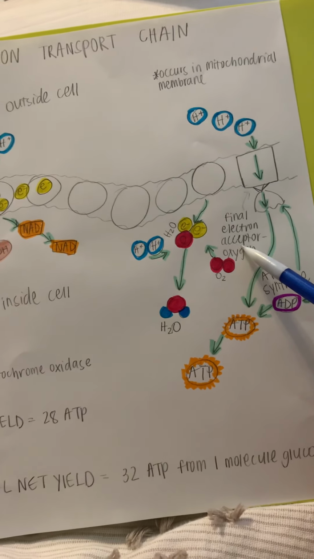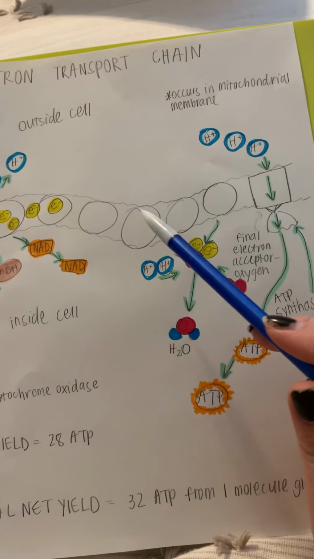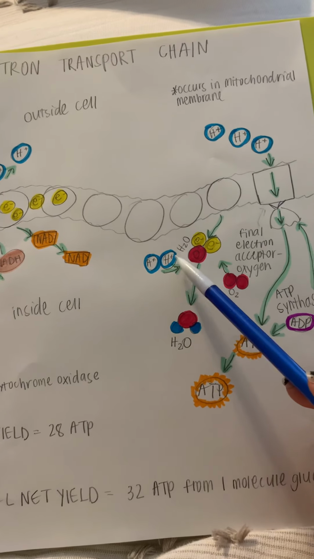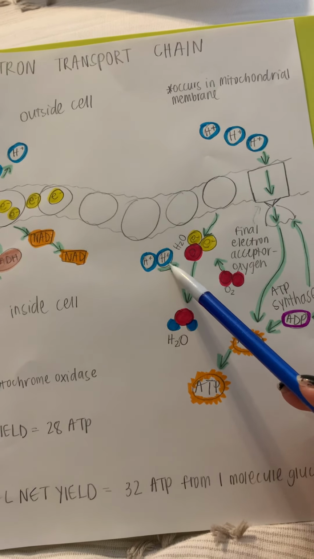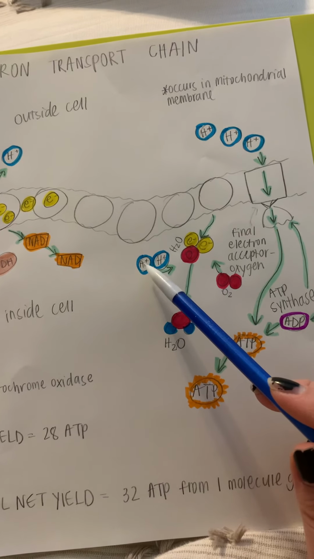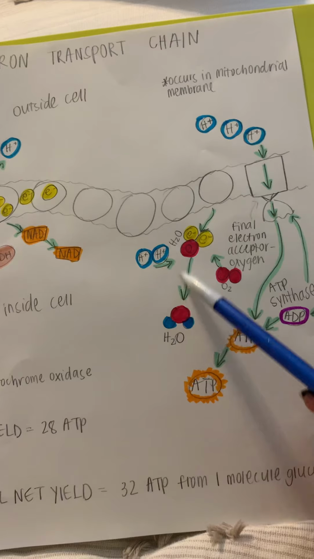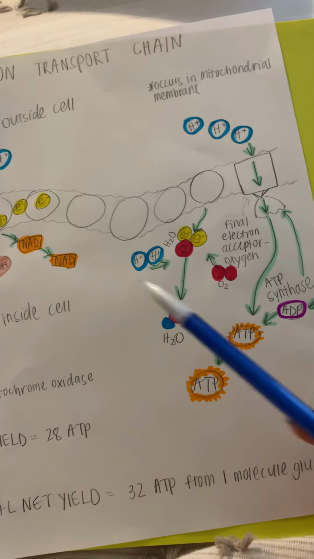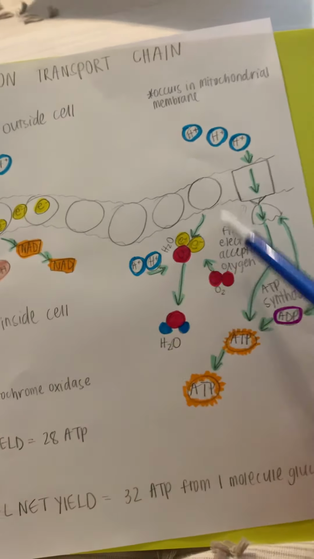Oxygen is the final electron acceptor. The electrons are coming out, pairing with some of the protons, the H pluses, and forming water with some oxygen. So basically, after all of that, you're getting water.